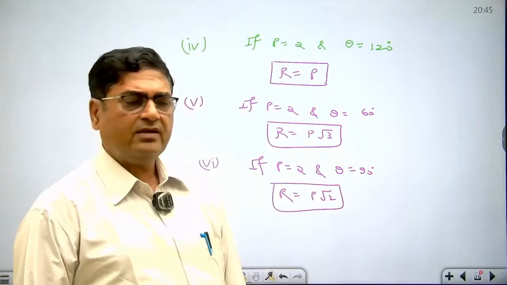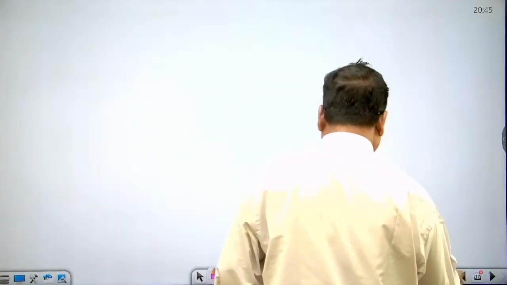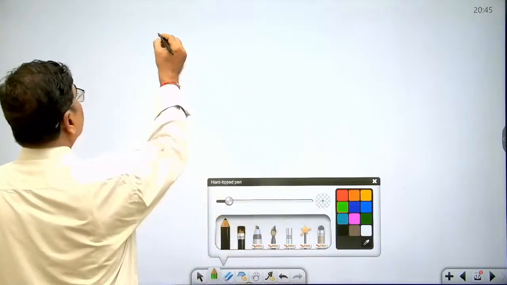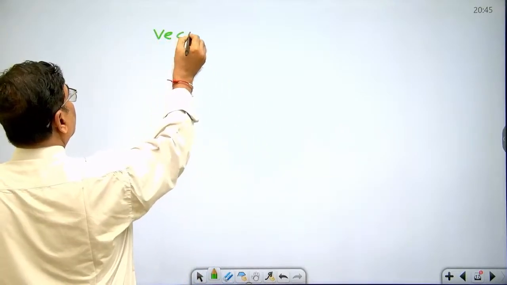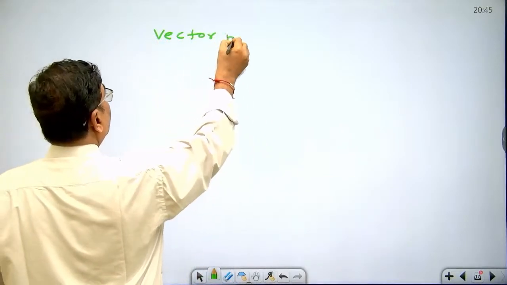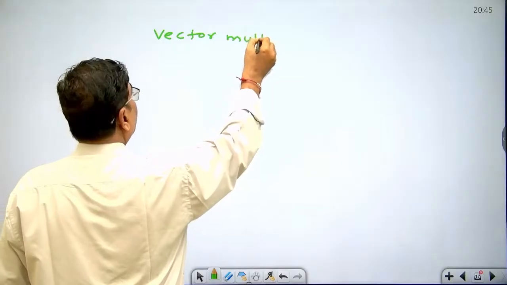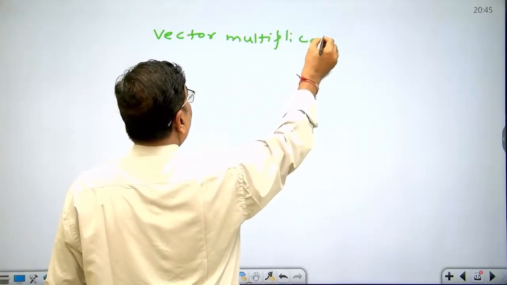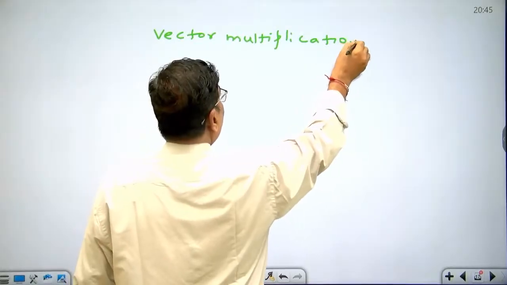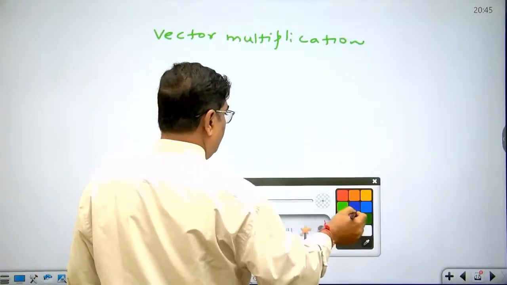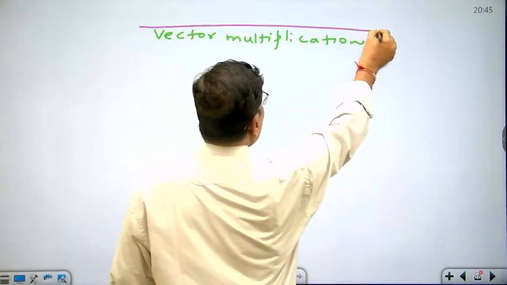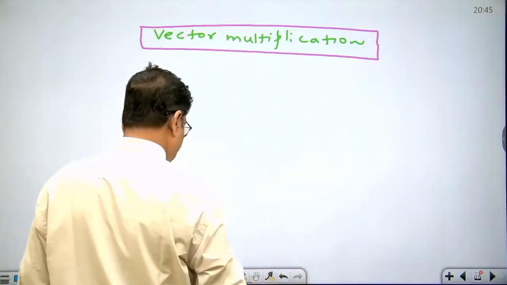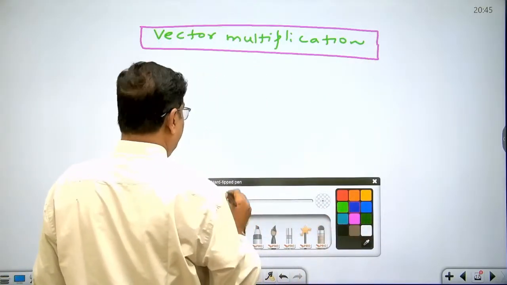So let's start vector multiplication. Vector multiplication is of two types.